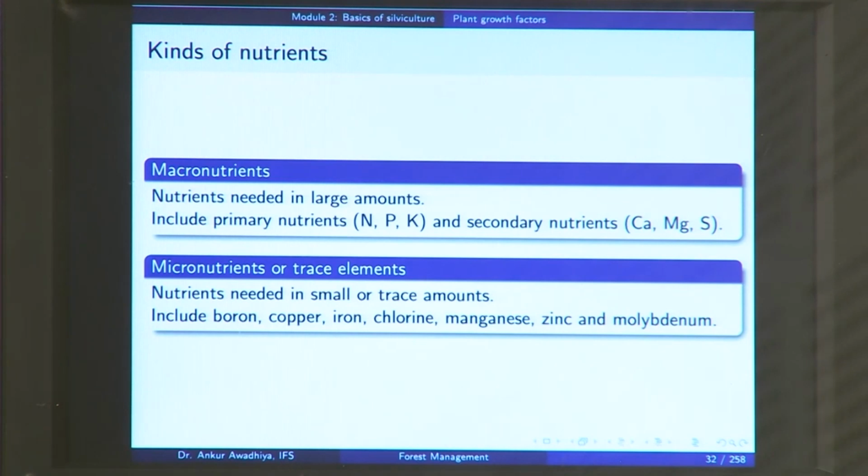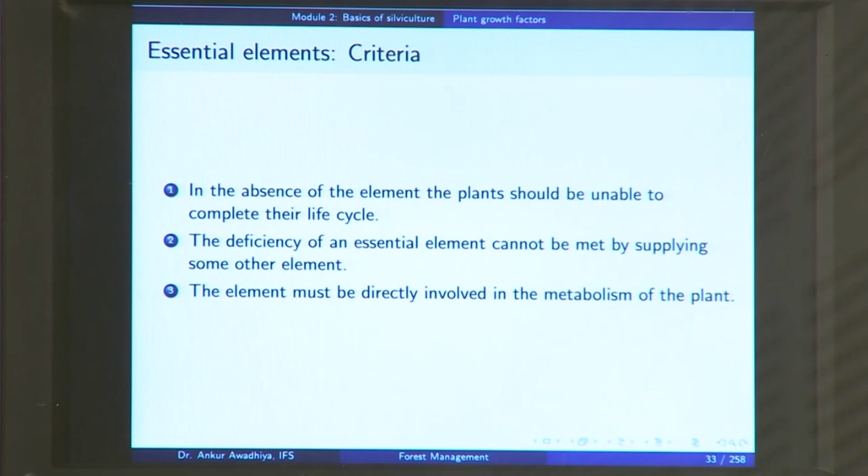Now, out of these nutrients, some nutrients will be called essential elements, and we define essential elements using three criteria. In the absence of the element, the plants should be unable to complete their life cycle. So, if you do not give the essential element to a plant, it will not be able to complete its life cycle, it will die off, or probably it will be unable to produce the next generation.